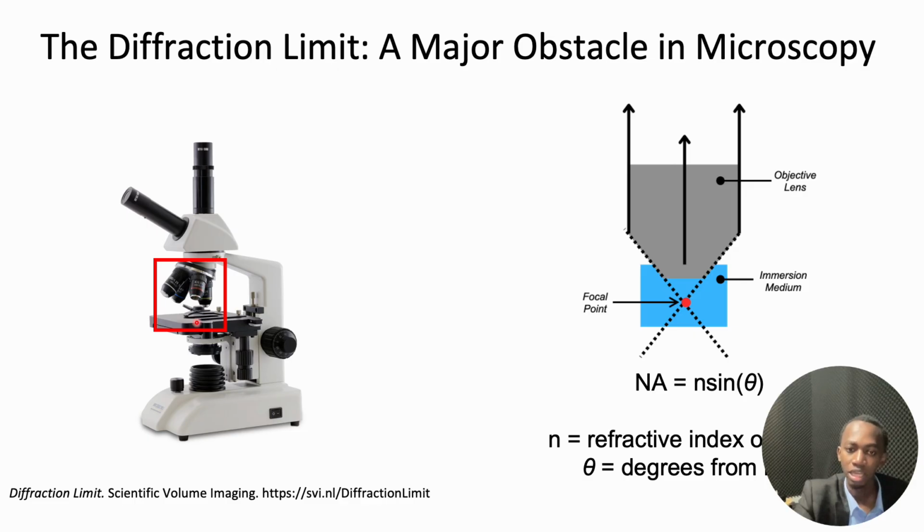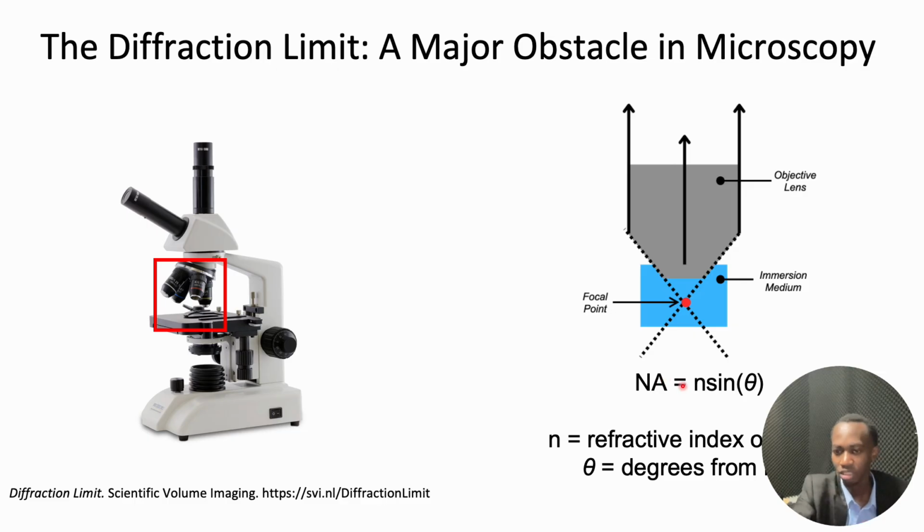The object you're viewing acts as a point source, and light from that point diffracts upwards towards the eyepiece. There can only be so large a cone, this cone shown right here, before you start getting diffraction. Once you get diffraction, it creates a diffraction pattern, which is just rings of high and low intensity on the eyepiece.